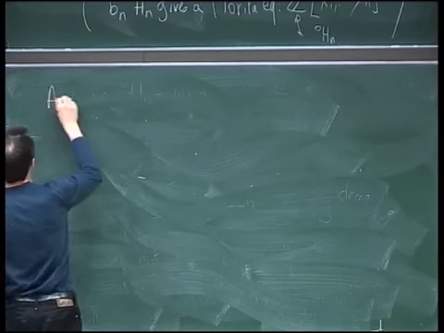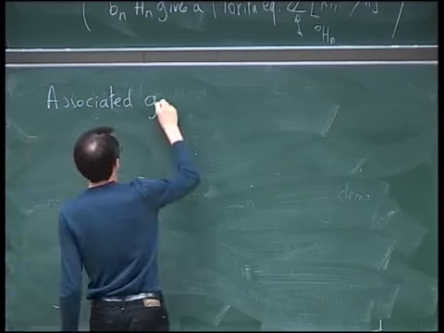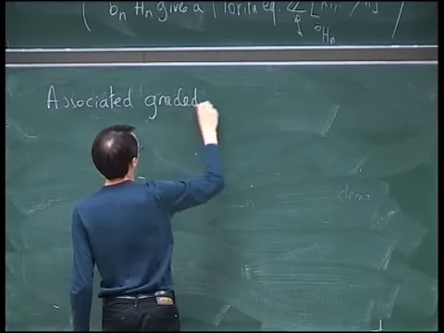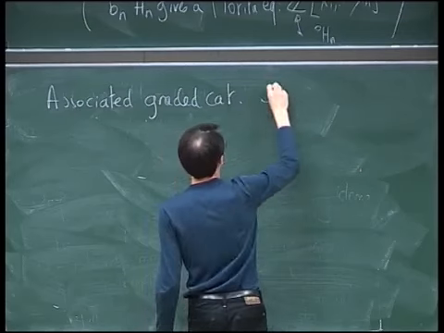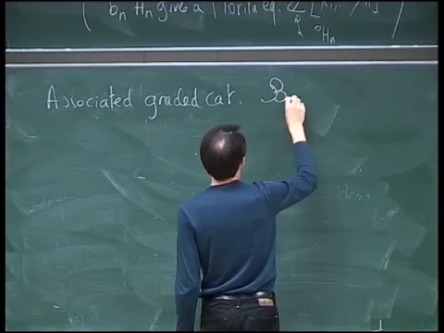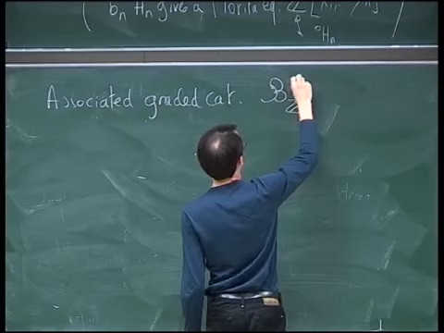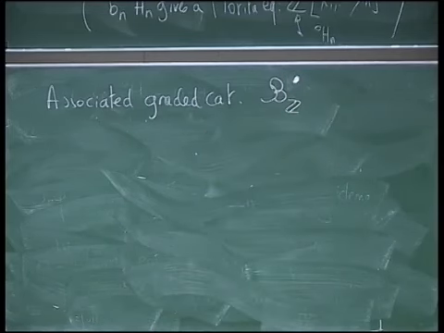There's an associated graded category, which we can denote with a dot. So you can put a bullet there to say it's graded. And same, you can also take the idempotent completion, etc.